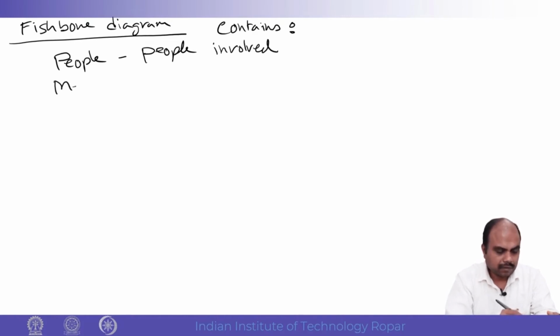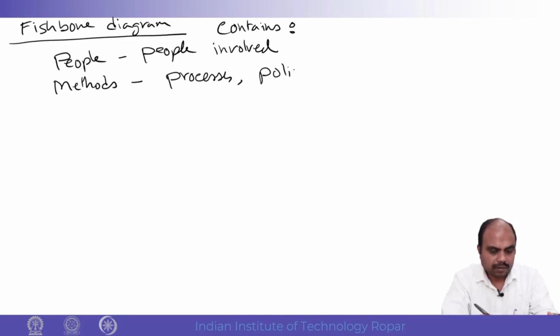Then methods. These are processes, then policies, the rules, etc. Then machines.